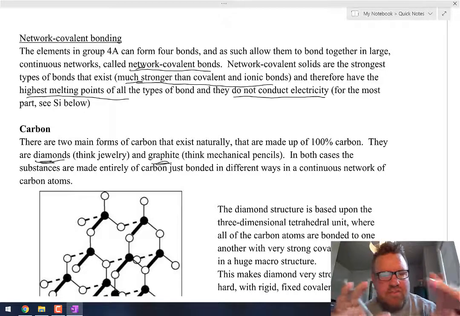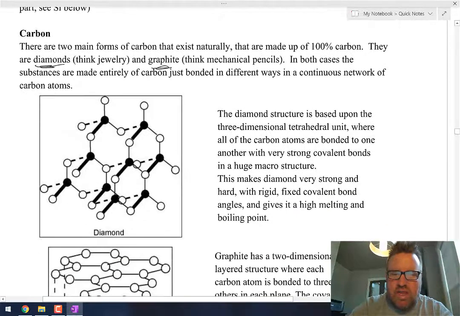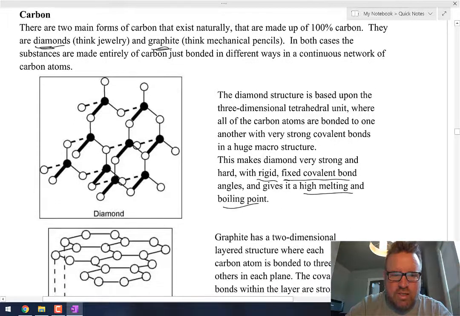Okay, and that's different forms of carbon that are, again, network covalently bonded to each other. Okay, and so you can see here, they're bonded to one another in a very strong way. They are covalent bonds because they're nonmetals, but again, they're very rigid, they're a fixed covalent bond, they have super high melting and boiling points, okay?